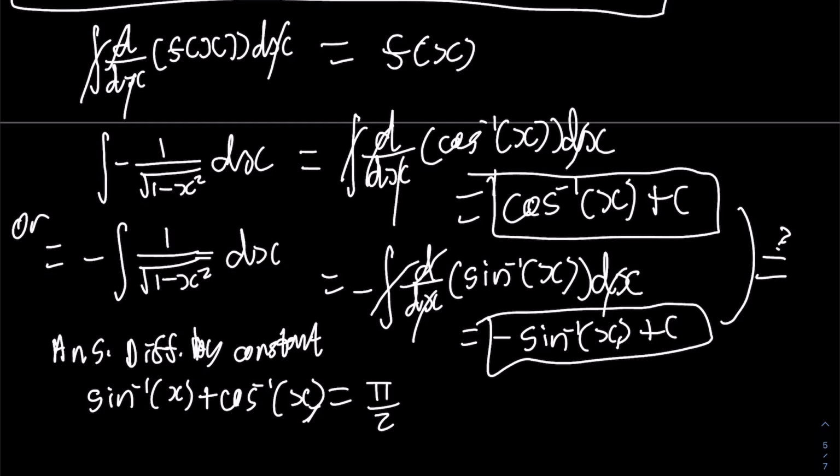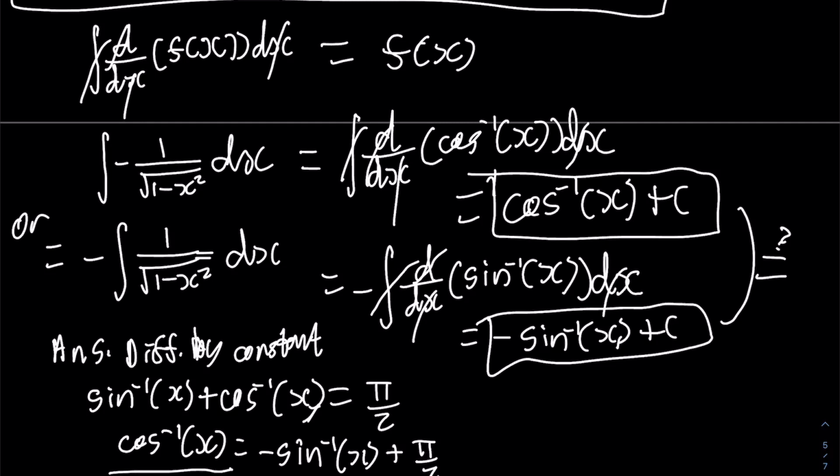Now here, what we see is that if we subtract the inverse sine of x on both sides, the inverse cosine of x is equal to pi over 2 minus the inverse sine of x. So I'll write it like this: it's equal to the negative of the inverse sine of x plus pi over 2. Now what we see is that this function part is equal to this function part.